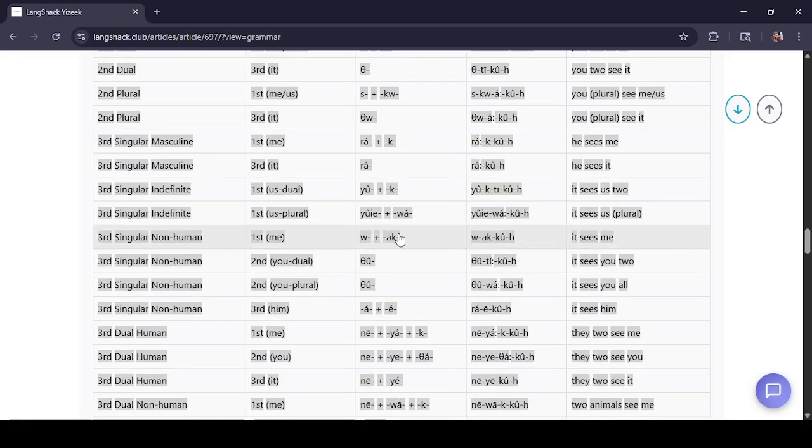And then this is actually cool as well. So you've got all these forms, which are the forms that you could put around the verb. That's how it would come out.